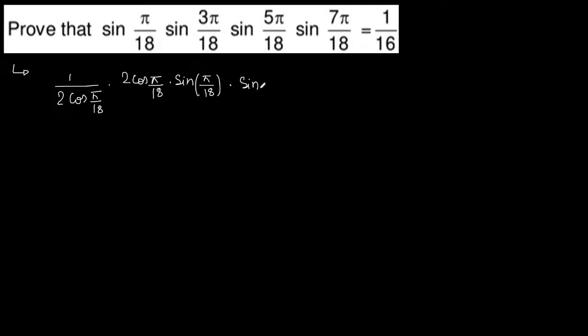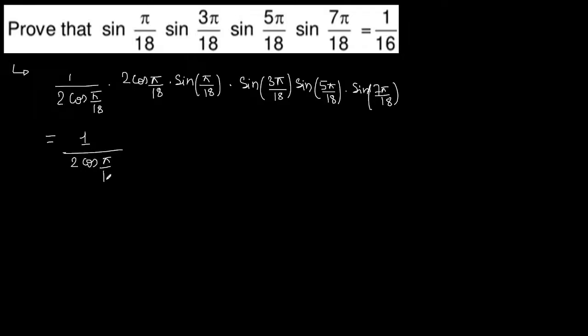We have sin 3 pi by 18, sin 5 pi by 18 into sin 7 pi by 18, 1 upon 2 cos pi by 18.